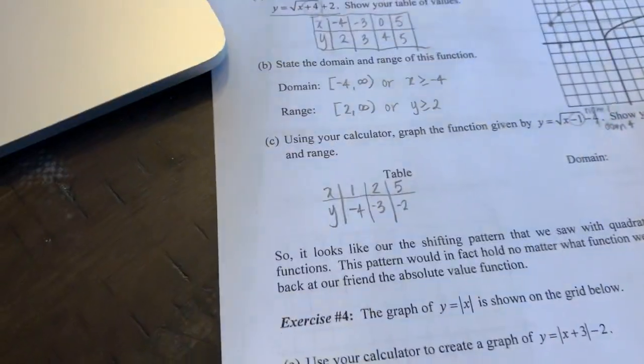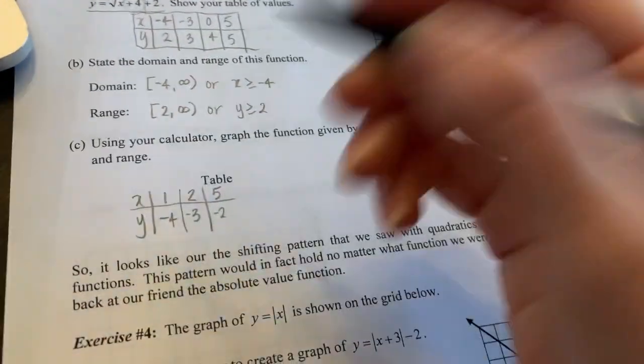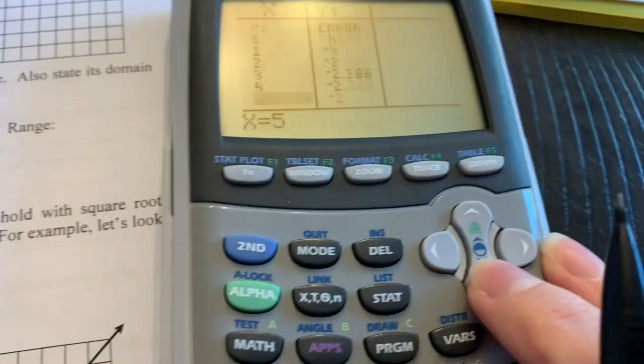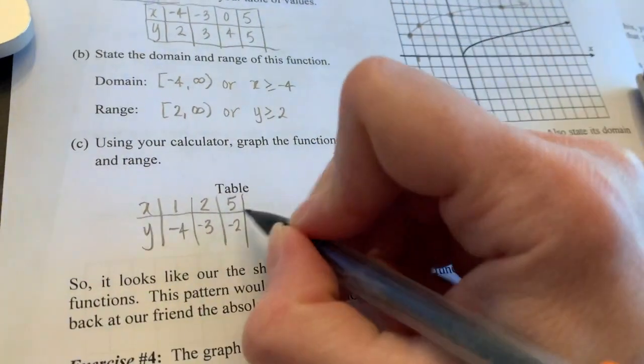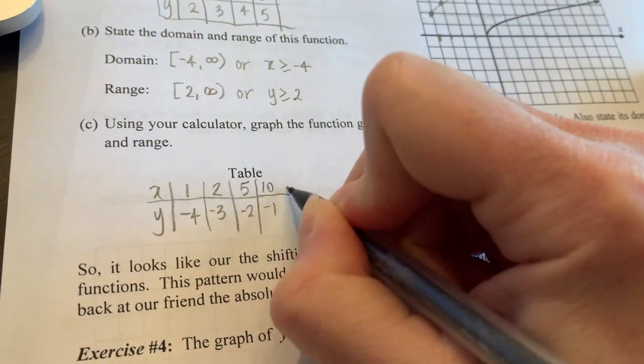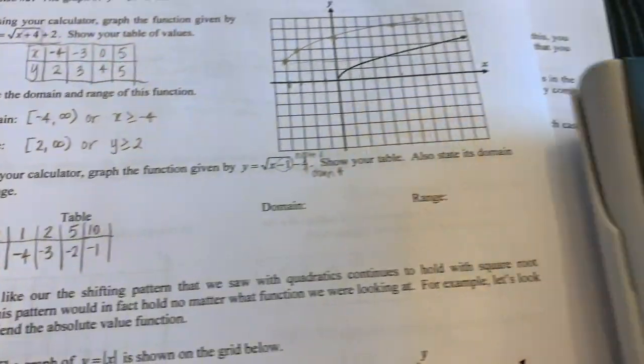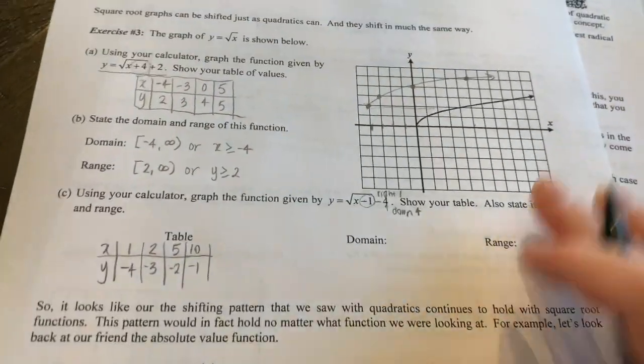No, it's a 5. 2, and let's see if we can find one more. 10 and -1. Okay, perfect. So we can plot these points and see.